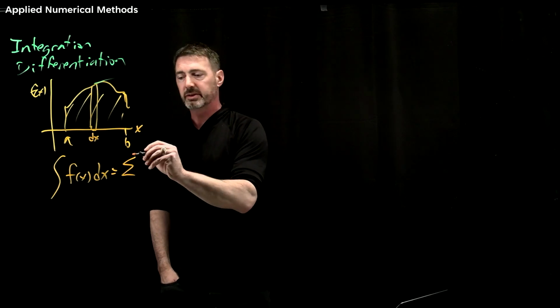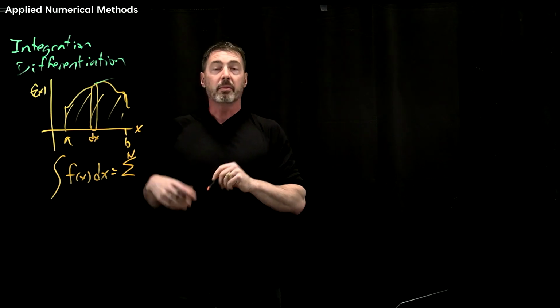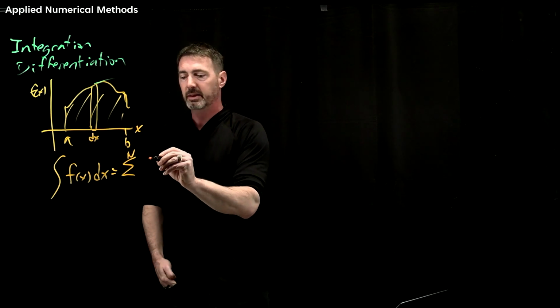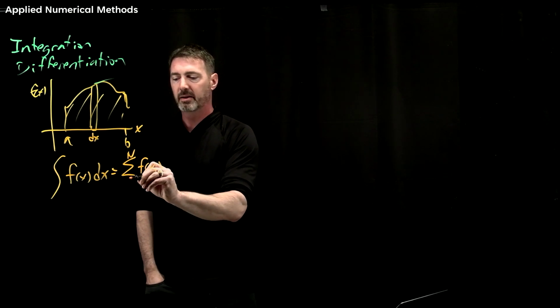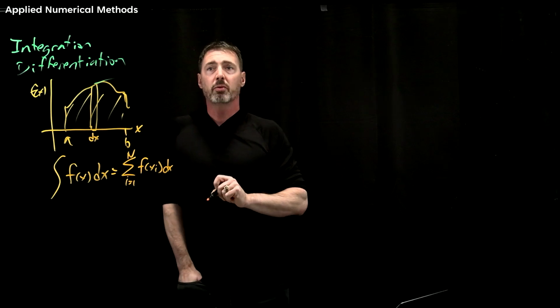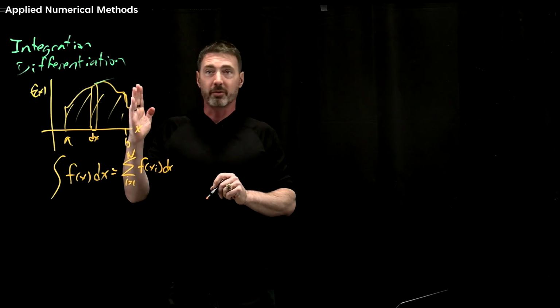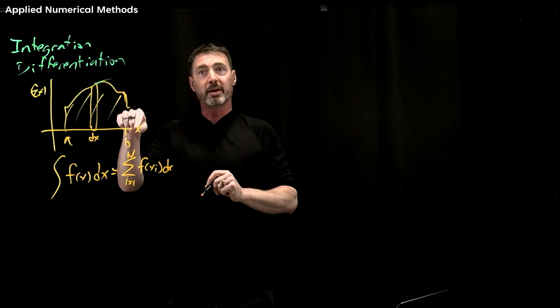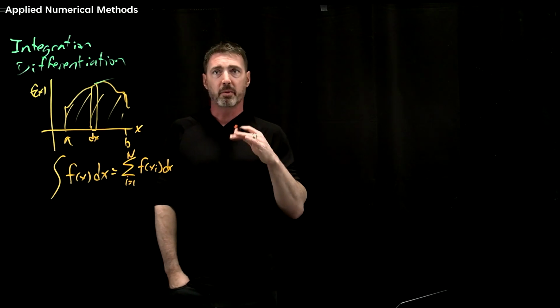To be explicit, it's a sum over n things, and we want to add this up. A very simple way would just be to take f at x_i, for i equal to 1 to n, and multiply by dx. That's a very simple way. You can think of that as basically one side, either the left side of the rectangle or the right side. That's first order accurate. We'll talk a little bit later about what that means.